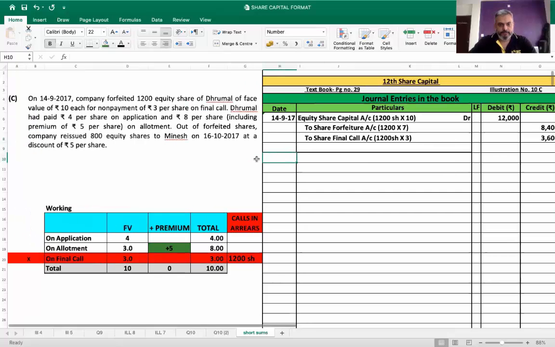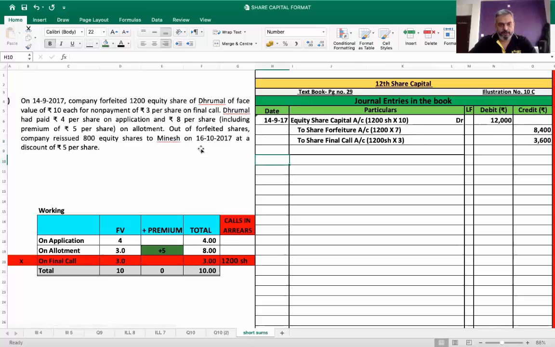Now next, we reissued these shares on 16/10/2017. Out of these 1200 shares, we reissued only 800 shares. So keep that in mind. So 16/10, my birthday, 2017, bank account debit 800 shares into at a discount of rupees 5, that is, we reissued them at rupees 5 per share.